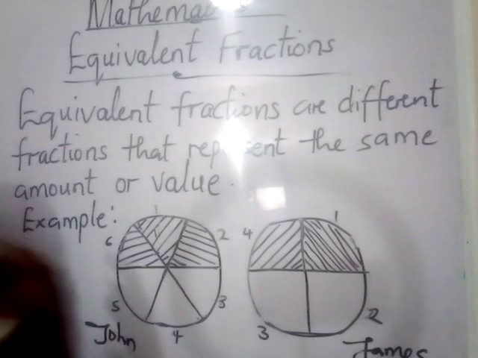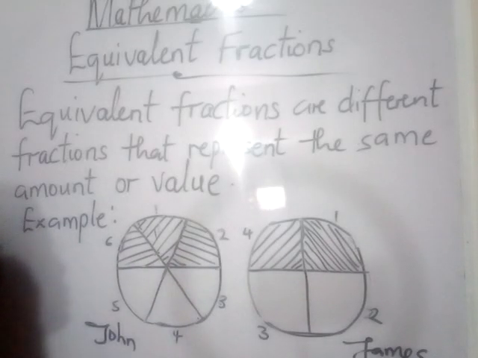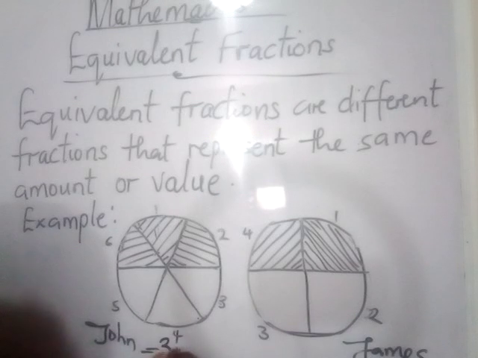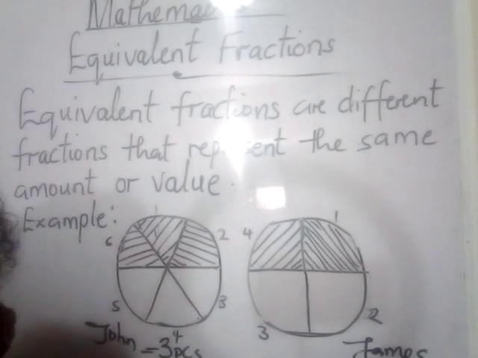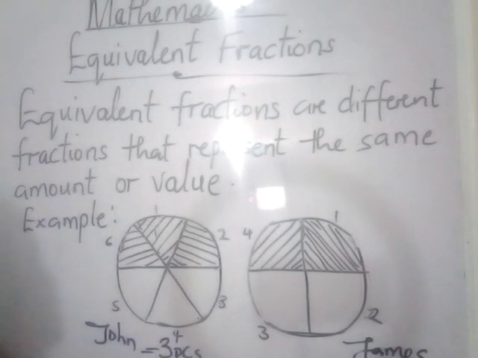Now just use your eyes and look at them. What do you think about the actual size? Forget about the numbers now, because John is getting 3 pieces, while James is getting just 2 pieces. James is getting 2 pieces, John is getting 3 pieces.